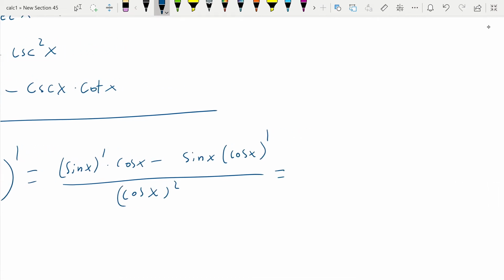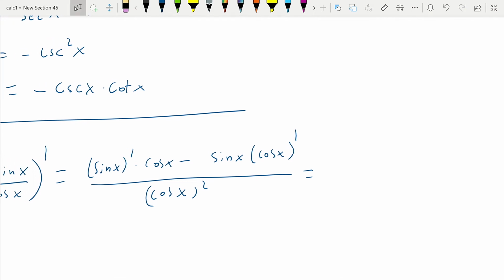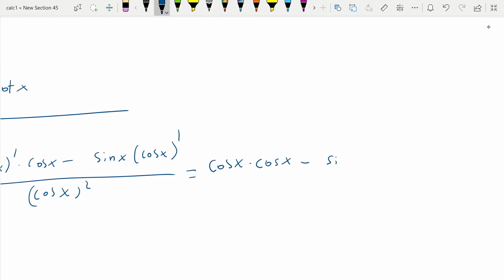Now, we just computed the derivative of sine, which we now know is equal to cosine of x, and cosine of x is just cosine of x. And now we subtract sine of x times the derivative of cosine, but we also learned that the derivative of cosine was minus sine of x. All of that divided by cosine of x squared.